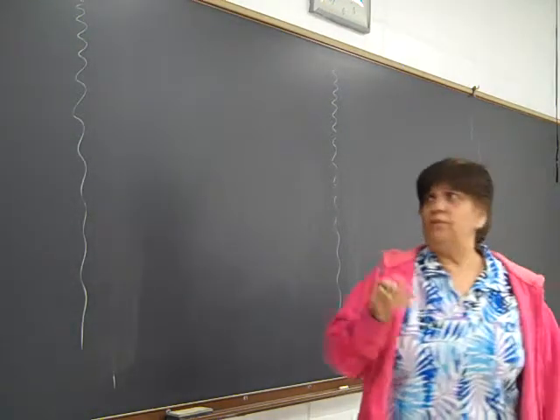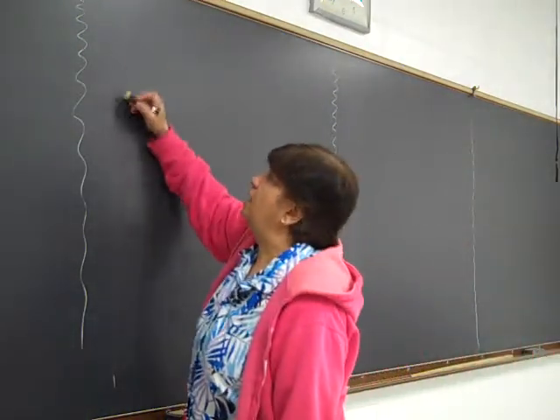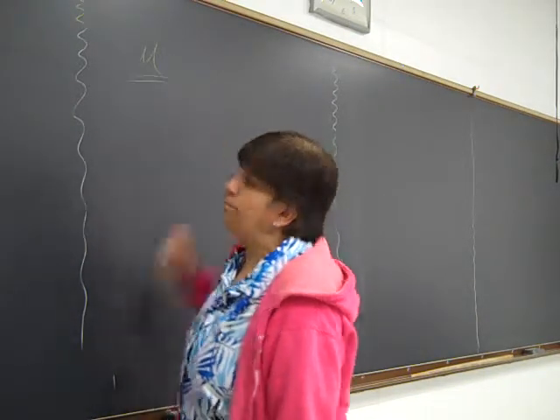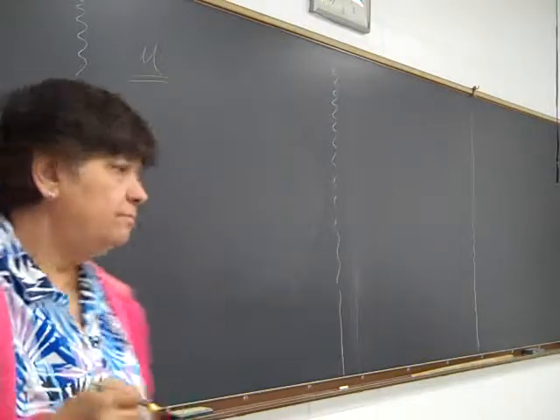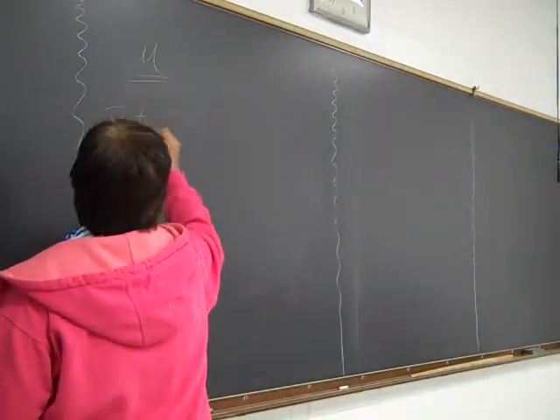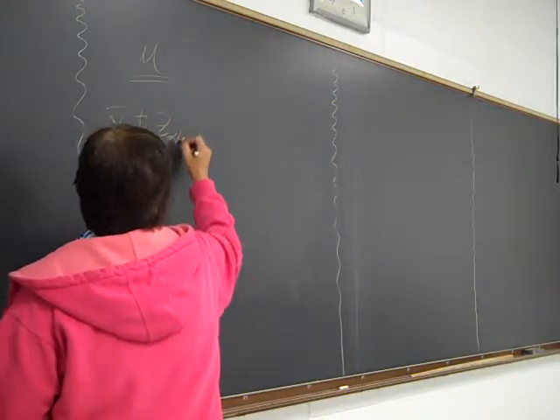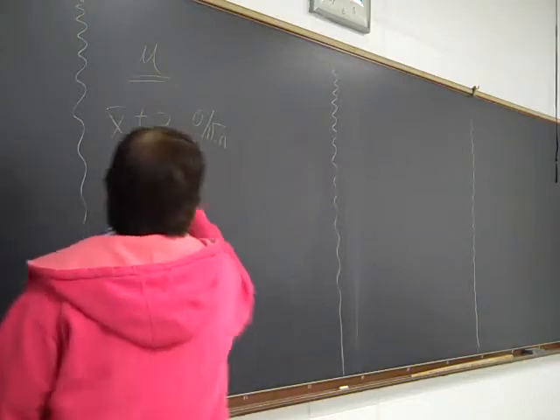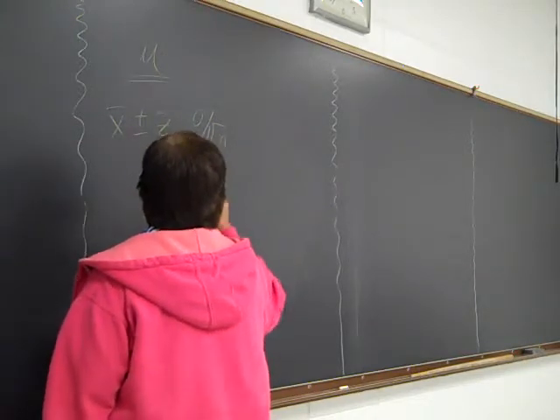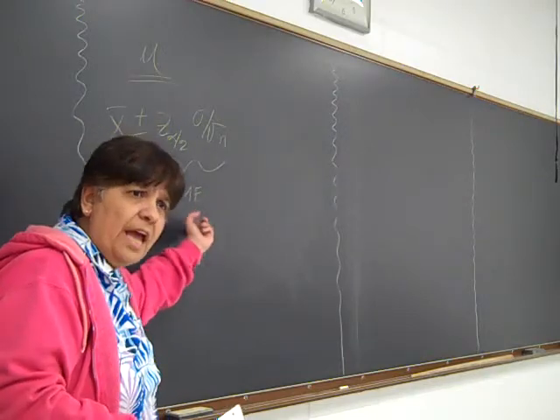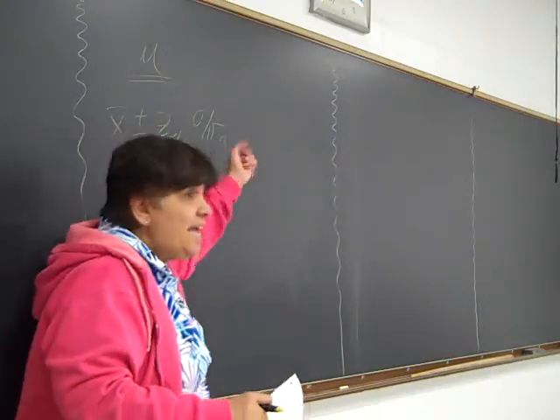That is pretty easy, because remember that the confidence interval for the population mean is x bar plus or minus z alpha over 2 times sigma over square root of n. This is my margin of error. I have the margin of error that I want to get. What I don't have is my n.